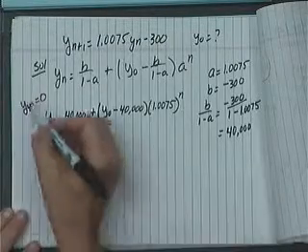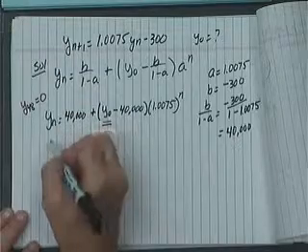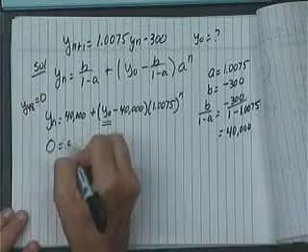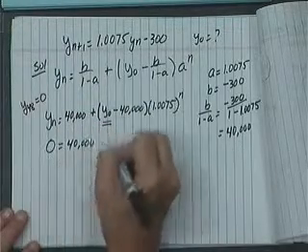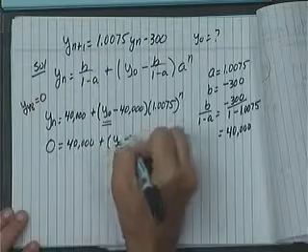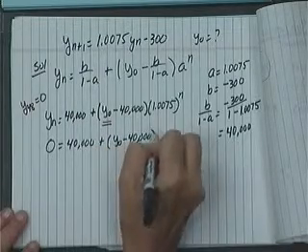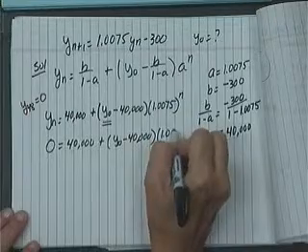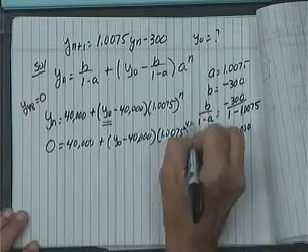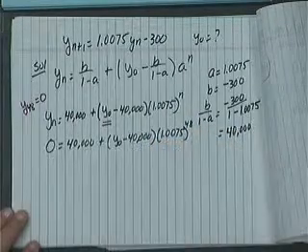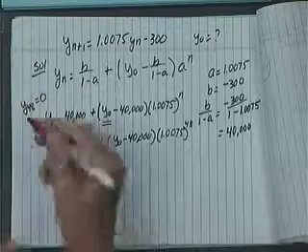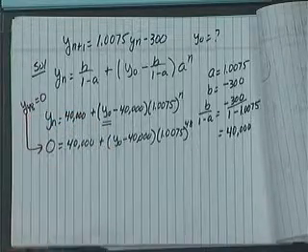All right, let's have fun and do it. Okay, when n is 48, we're going to have 0 equals 40,000 plus y sub 0 minus 40,000 times 1.0075 raised to the 48th. Okay, so I've inserted this very important piece of information here.